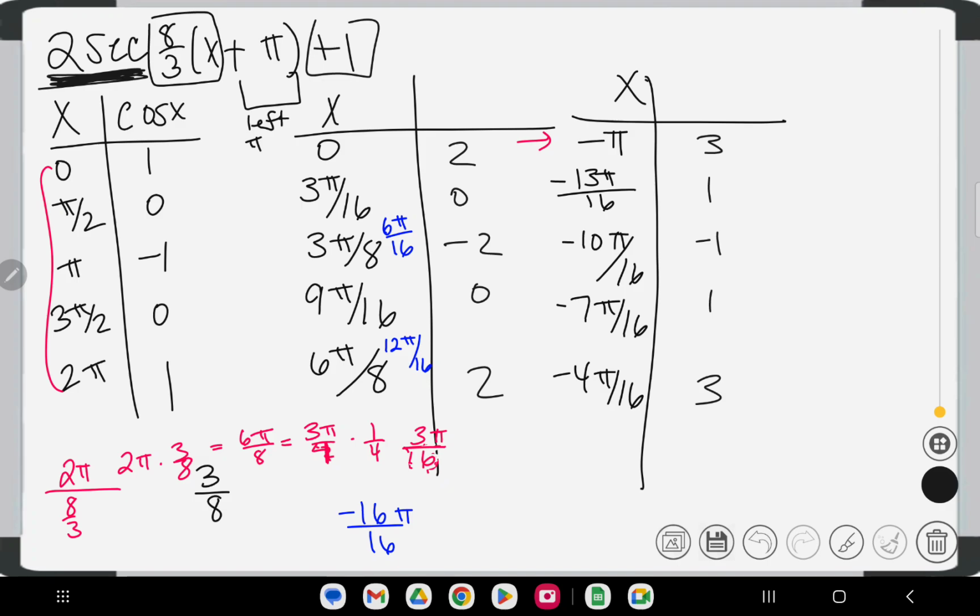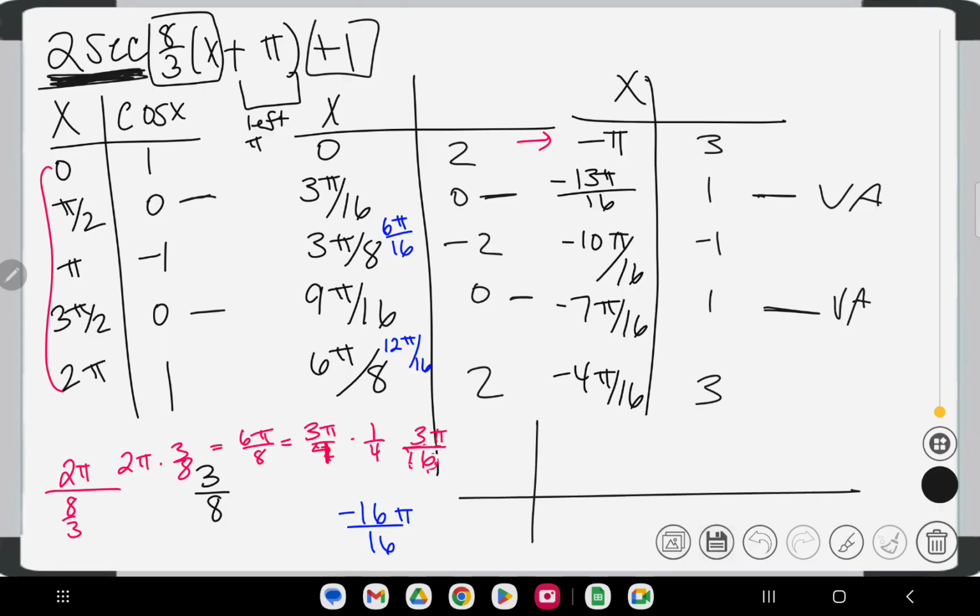And then our zeros are still the vertical asymptotes. So I'm out of room here to graph, but, oh, and I'm actually in the very negative side, doesn't matter.